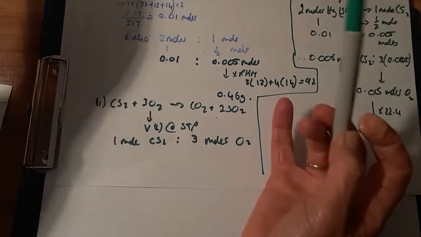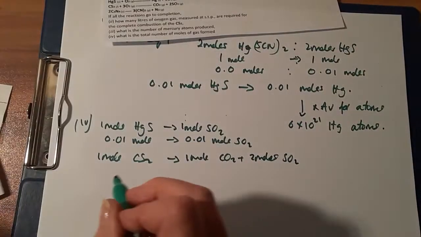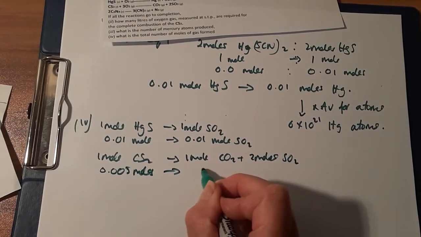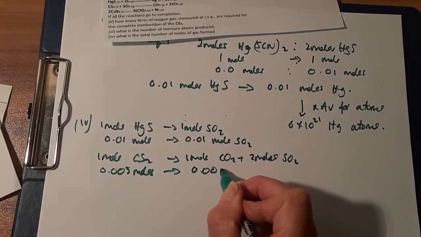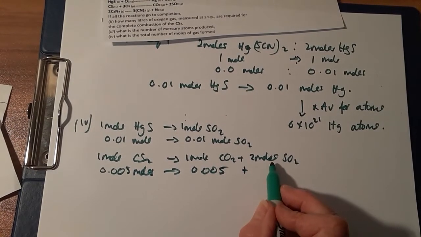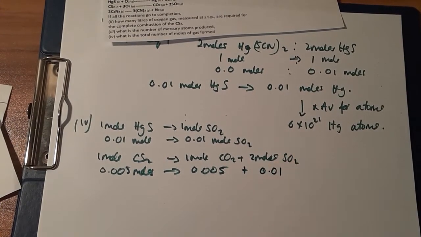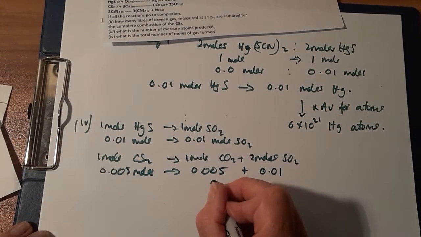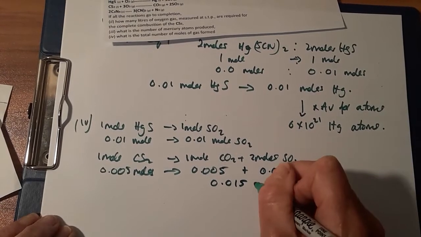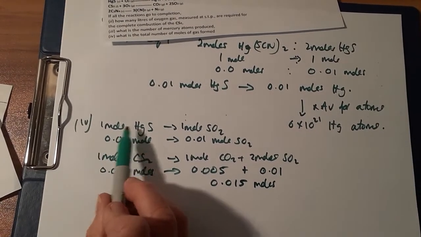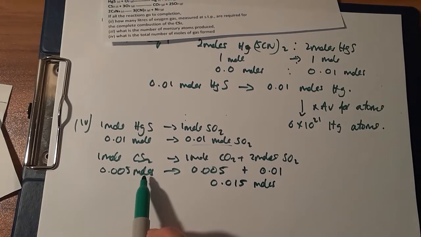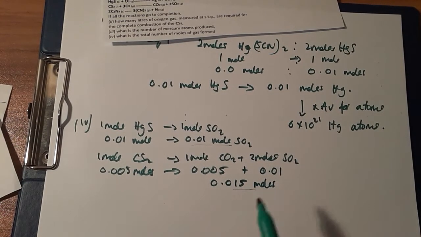So 0.005 moles of CS2 will give you 0.005 moles of carbon dioxide and double the amount of SO2, which is 0.01. And when you add these two together, you get 0.015 moles. So 0.005 moles of CS2 gives you that much gas.